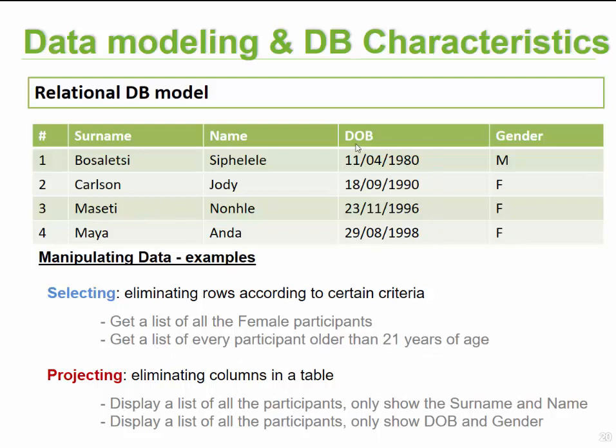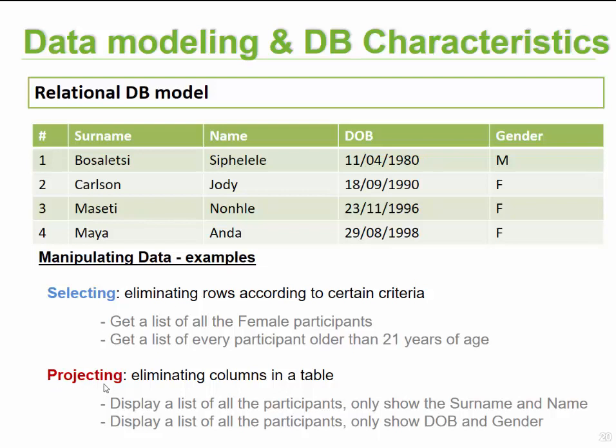We've got the date of birth information, and if we look at that, we would find that the top 3 people would be older than 21 years of age. Number 3 would be 21. Number 2 would be 27 and number 1 would be 37.